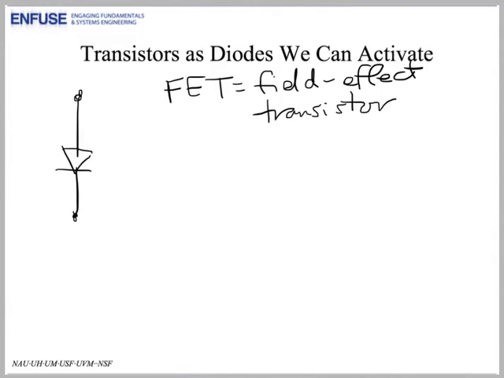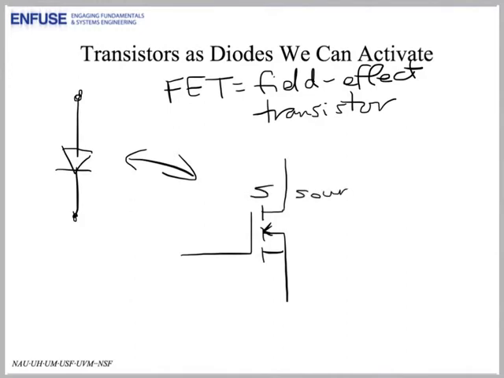So I'm going to draw a simple diagram of a FET here. And it's oriented like our diode in this case. So we have a source here, a drain here, and the current is going to flow this way through the device from top to bottom, just like in the diode.